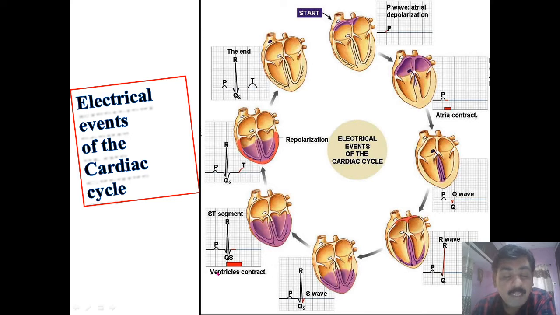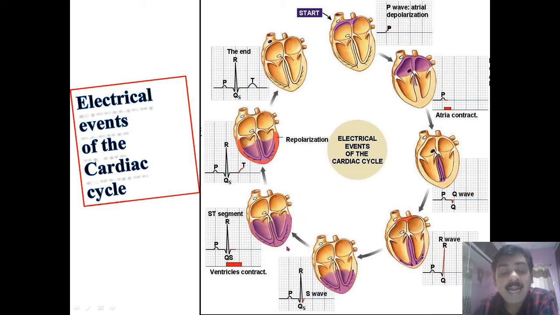Means when the P wave indicates the auricular depolarization, then next the ventricular depolarization starts from the Q wave, then the R wave, and it ends at the S wave.